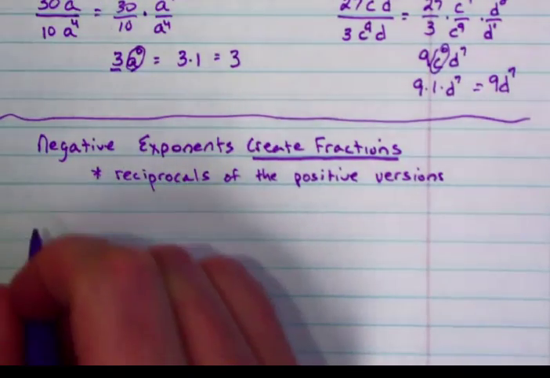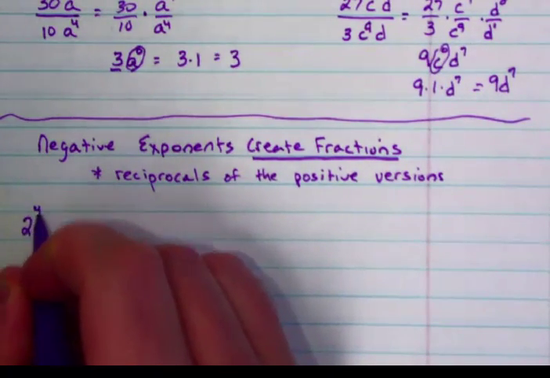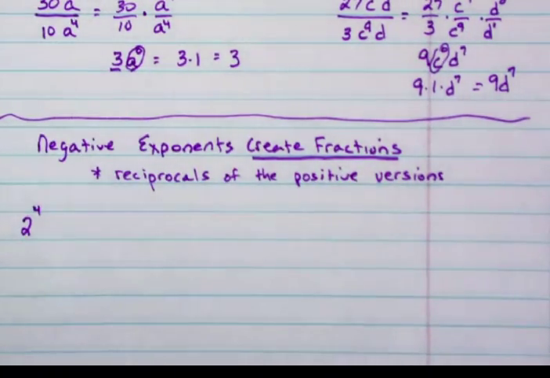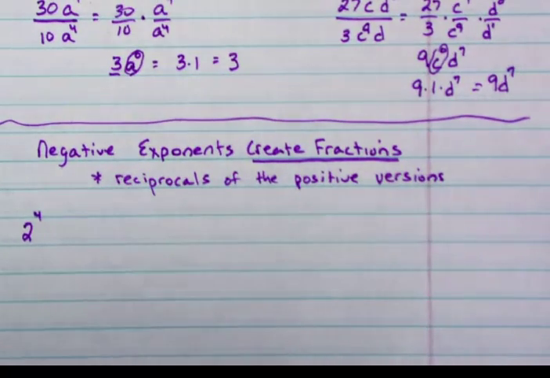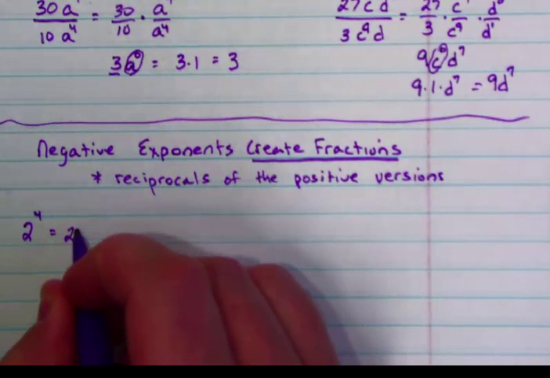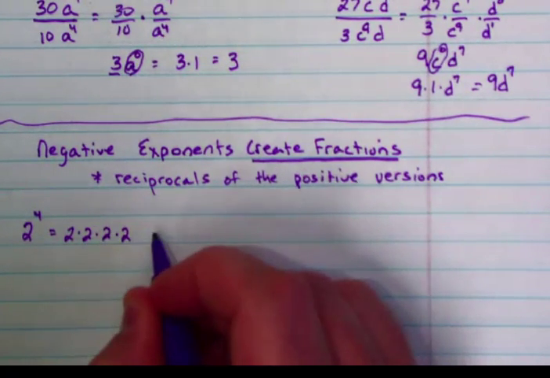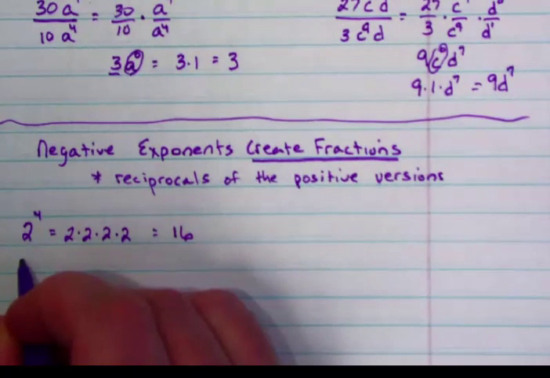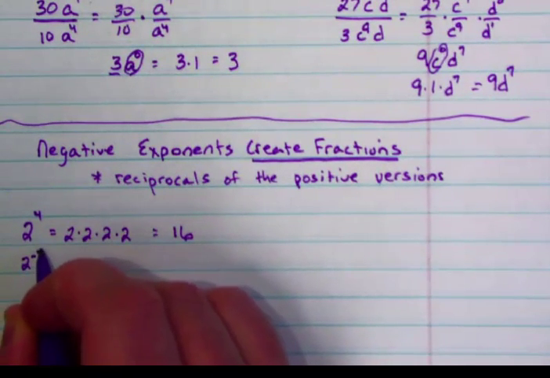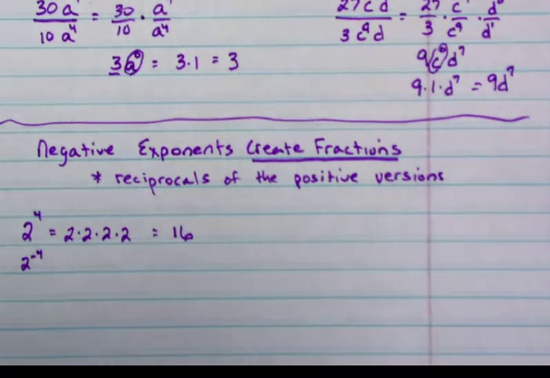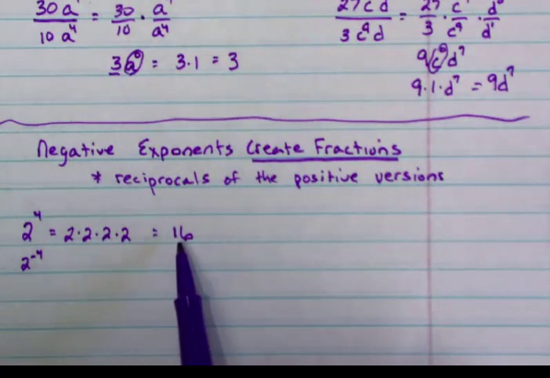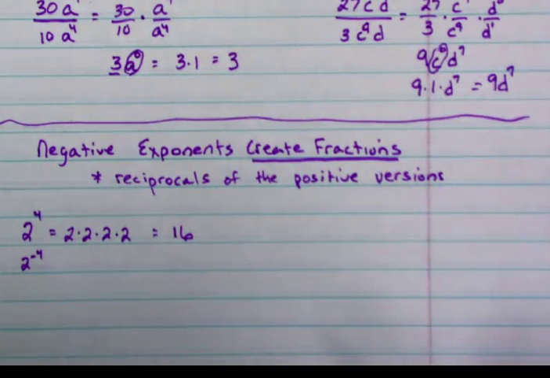Well, if I give you something like 2 to the 4th power, 2 to the 4th power is 2 times 2 times 2 times 2, which is 2, 4, 8, 16. Well, 2 to the negative 4th power is going to be the reciprocal of that. Reciprocal means flip the fraction.